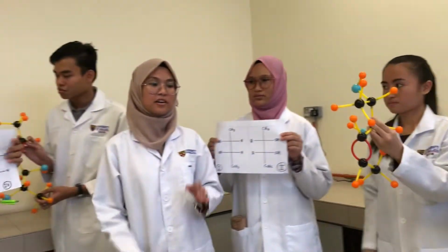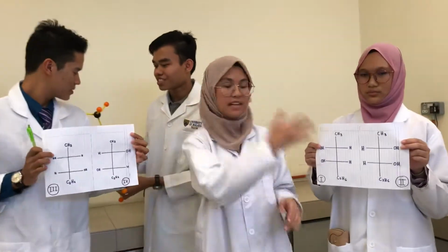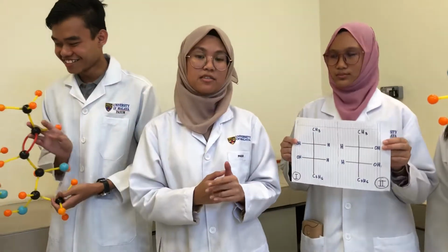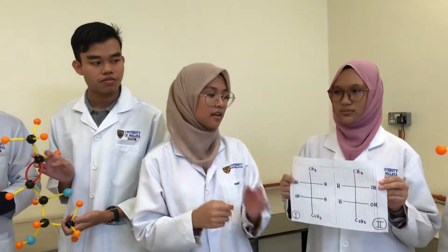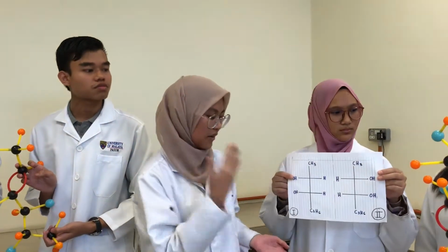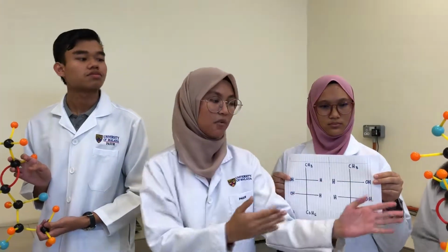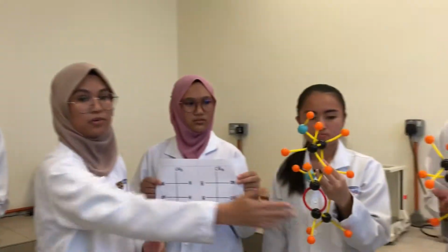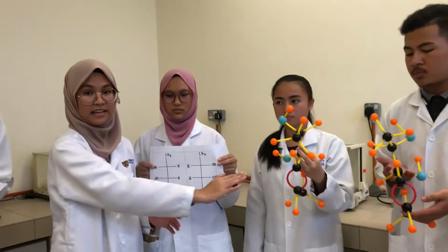Okay, so we are going to talk about the relationship between these stereoisomers. For the first one, we're going to talk about enantiomers. What are enantiomers? Enantiomers are stereoisomers that are mirror images of each other. So stereoisomer number 1 is the mirror image of number 2, so both of these are enantiomers.